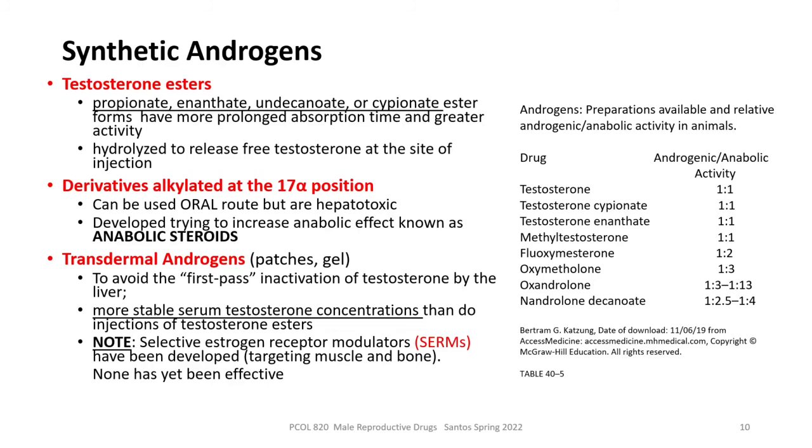And remember here that you also have the selective estrogen receptor modulators that can have some androgenic effect. And here on the right hand side are some androgen preparations that are available in the market, showing the ratio between androgenic and anabolic activity.